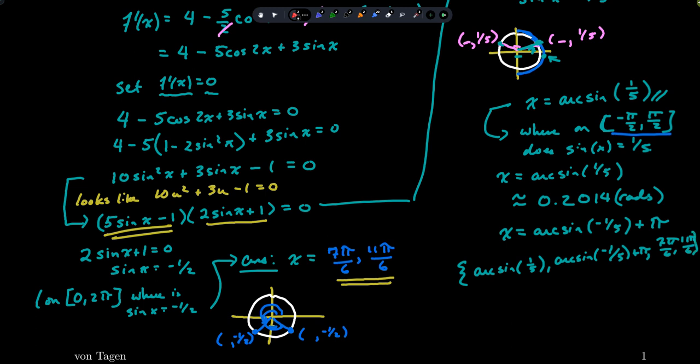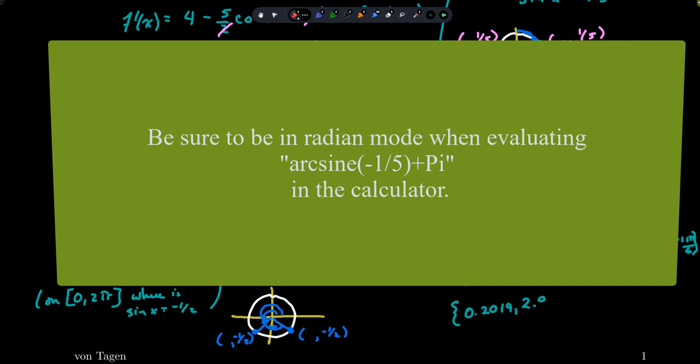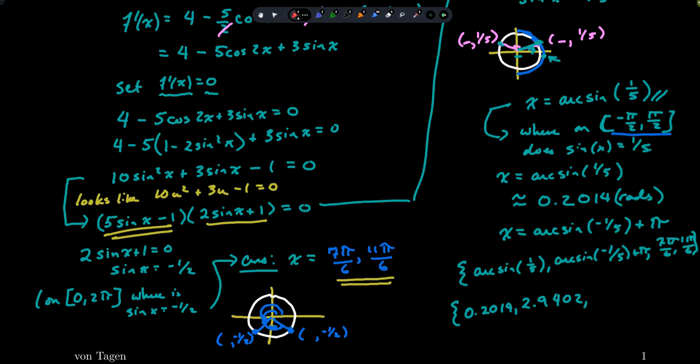Those are the 4 answers, and if I wanted to give decimal approximations, we've already found that this is 0.2014. And then if I evaluate arcsine of minus 1/5 plus pi in a calculator, I get approximately 2.9402. And the other 2 exact locations, I'll go ahead and leave in this exact form.